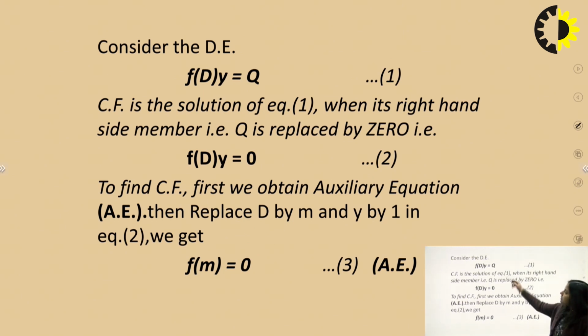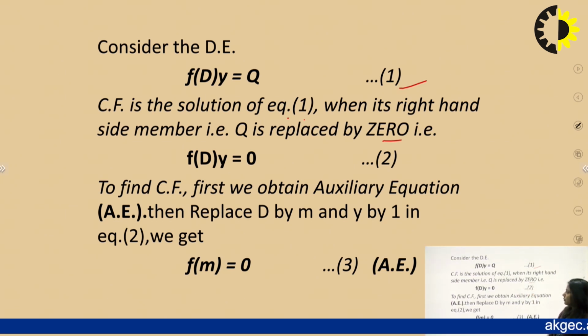Now consider the differential equation as equation 1, f(D) y = q. The complementary function is the solution of equation 1 when its right hand side is equal to 0, so f(D) y = 0. Now let us find the complementary function.